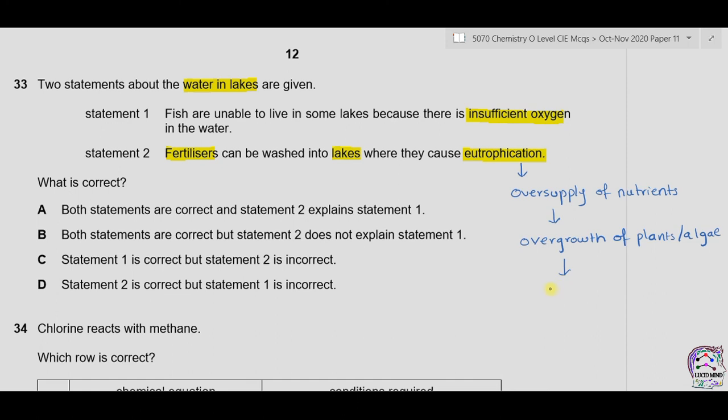Now algae blocks sunlight, due to which photosynthesis stops, and what happens is that dissolved oxygen becomes low.